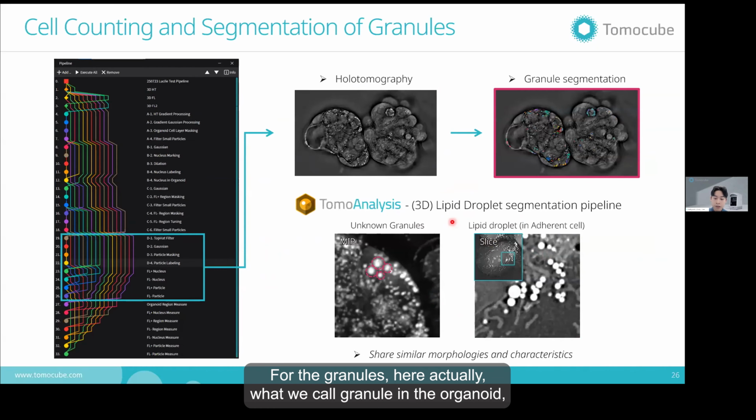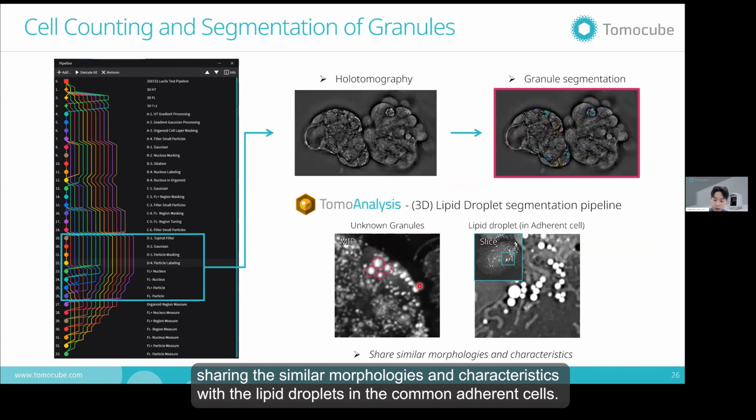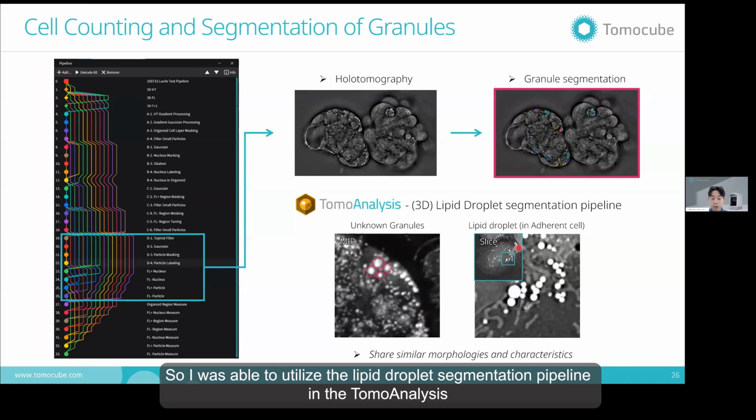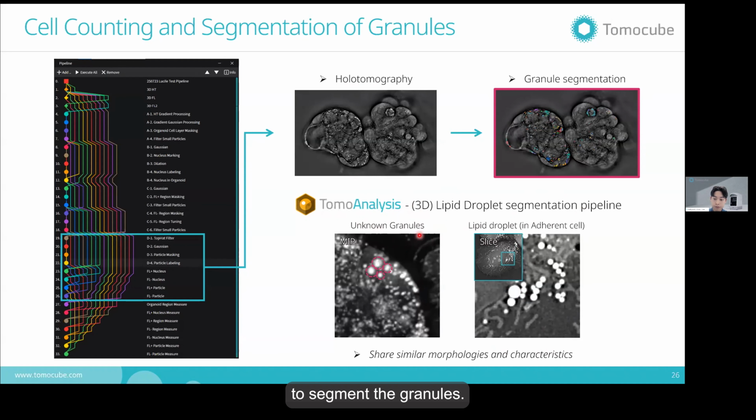And for the granules, what we call granules in the organoid share similar morphologies and characteristics with lipid droplets in common adherent cells. So I was able to utilize the lipid droplet segmentation pipeline in TomoAnalysis to segment the granules.